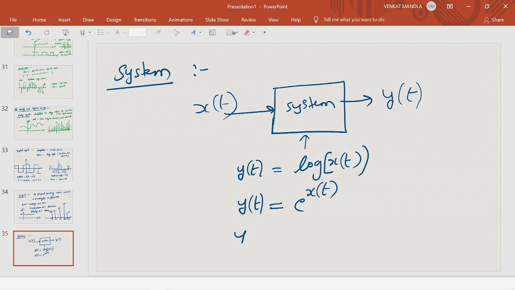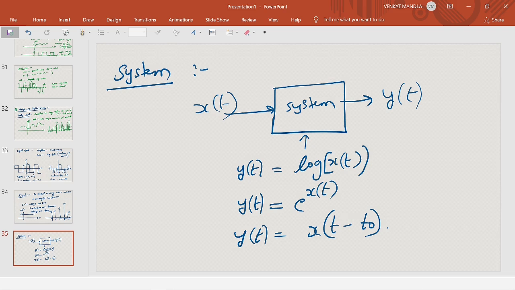Like that, let us say y of t equal to x of t minus t naught. So the system will do an operation on the input x of t. What is that operation? Operation is a delay. So it will apply a delay to the input x of t. This is a delay system.